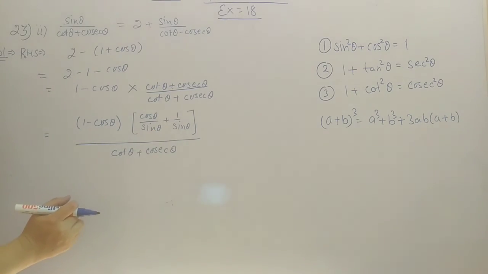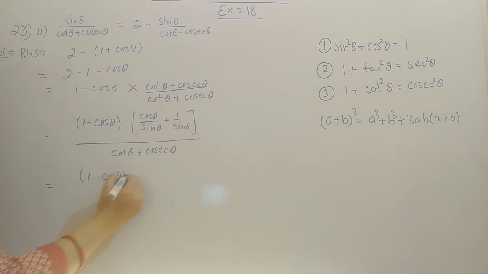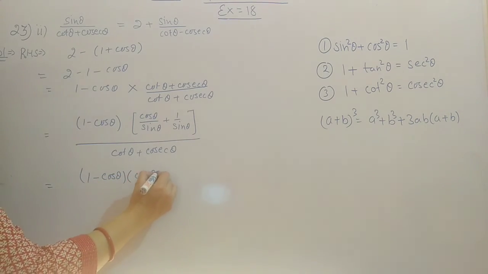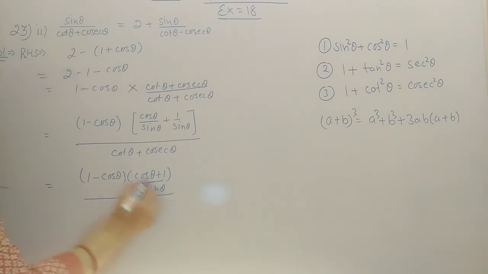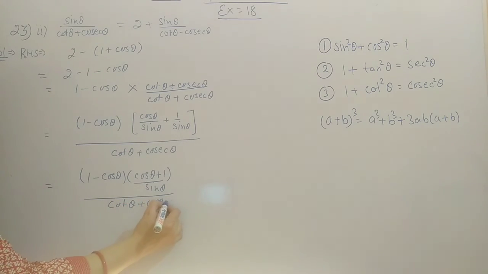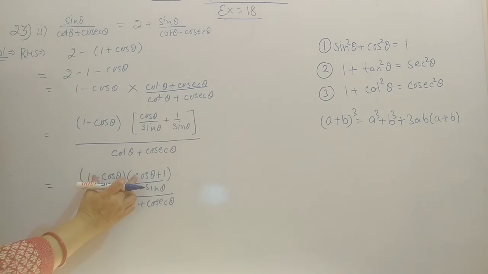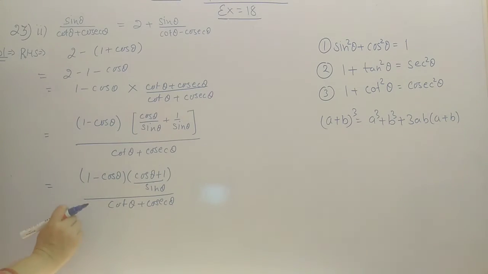You can take the LCM, it will become 1 minus cos theta times (1 plus cos theta) by sin theta, divided by cot theta plus cosec theta. If you multiply these two, 1 minus cos theta and 1 plus cos theta, we can write it as 1 minus cos square theta by sin theta, and this denominator cot theta plus cosec theta.